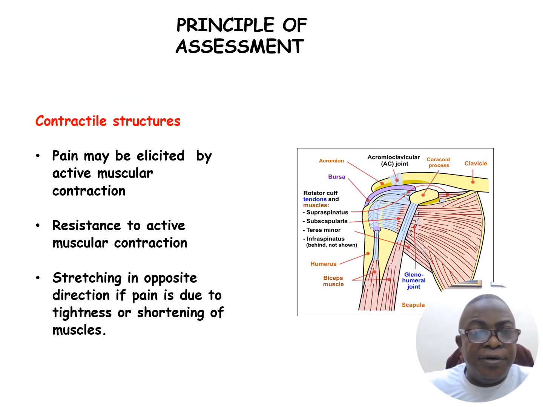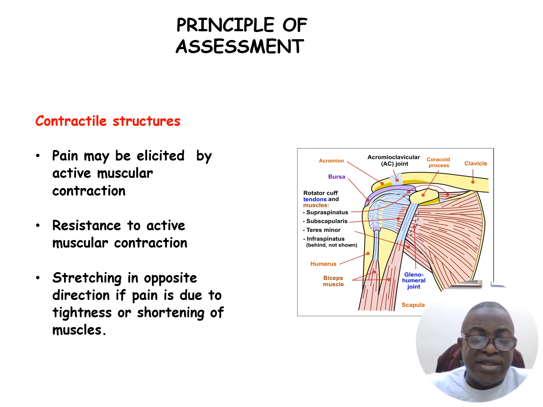Okay, now Cyriax went ahead to demonstrate the method of assessing problems within the contractile and non-contractile tissue, with the use of shoulder and rotator cuff impingement, which we are going to talk about very briefly.